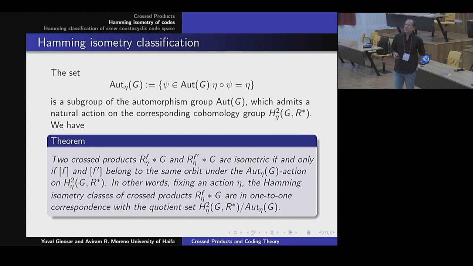In other words, fixing an action eta, the Hamming isometry classes of cross products R_eta^f G are in one-to-one correspondence with this quotient set, H^2 over the compatible automorphisms.